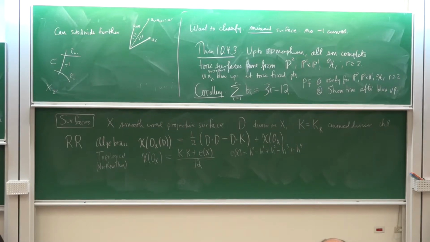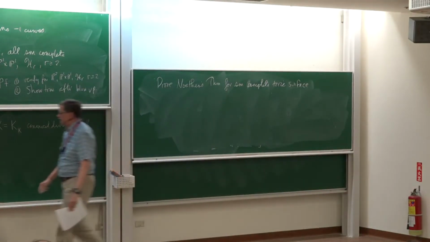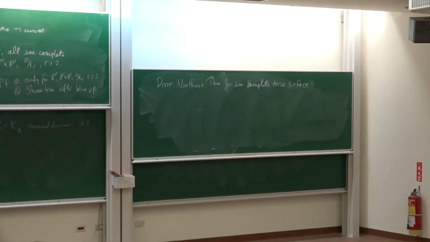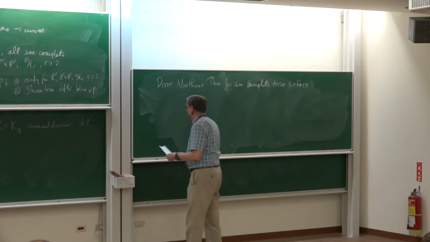And what does Noether's theorem have? It has three quantities. It has that one, and that one, and I will compute each one separately and show they satisfy that identity.